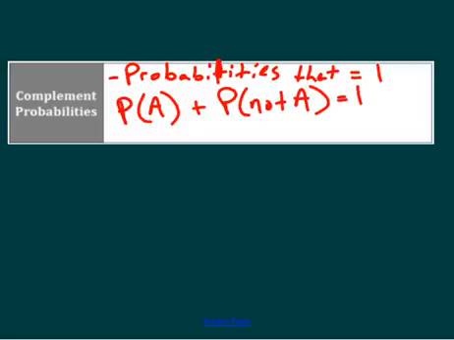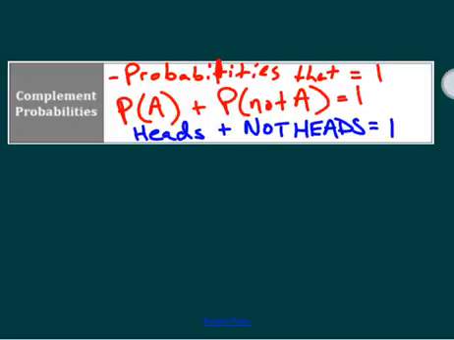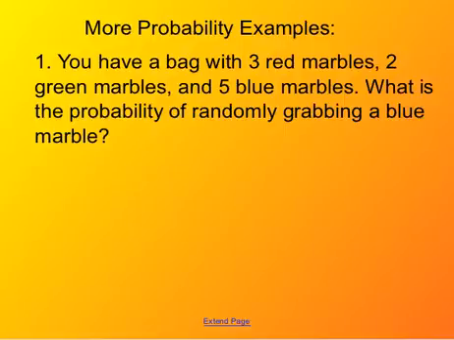The best example is the probability of heads plus the probability of not heads, which is tails. No matter what, those probabilities are going to add up to equal 1. So you are looking for complement probabilities. Sometimes when there's only 2 options, it's really easy, heads or tails. Sometimes when they say A or not A, that's going to be a complement probability as well.